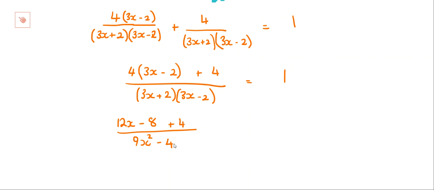Just because it's easier to write. Same thing, isn't it? And then that equals 1. Actually, this can be simplified again, so minus 8 plus 4 is actually just minus 4.